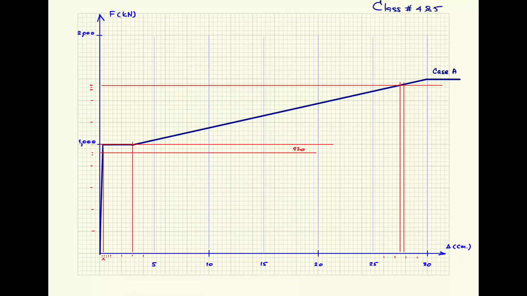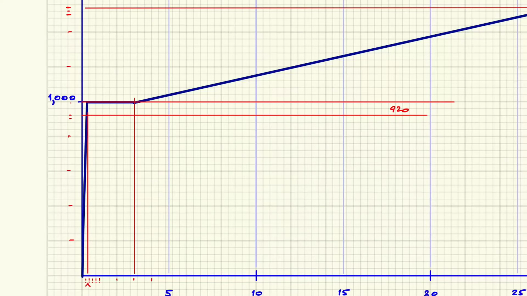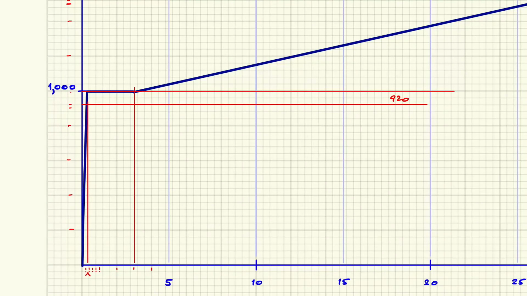Now we'll write this line down in purple. So we have the yielding at 920. Yielding of the A net, strain hardening of the A net is just a little bit. The strain is so small, and then later on it jumps up.